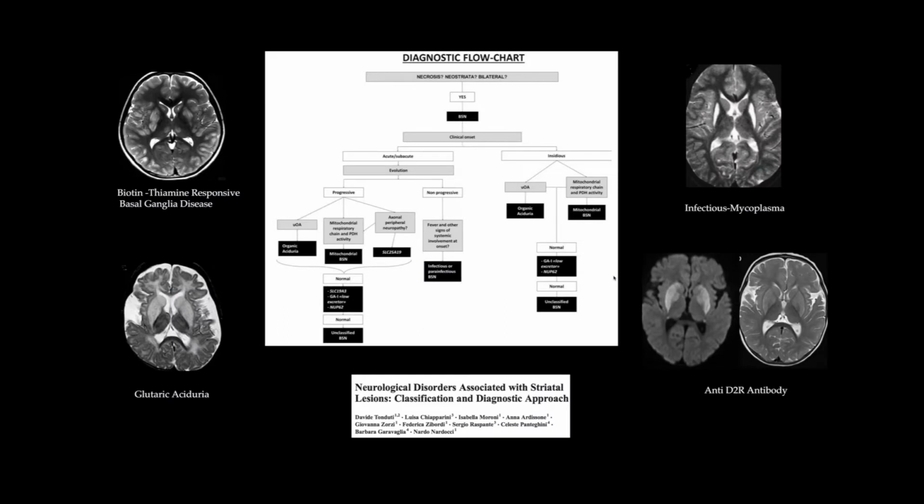I think the question was, clinically, is it an anti-D2R antibody or a biotin-thiamine responsive disorder. Now we had clinical differentials where, because of hyperacute onset, we thought of viral encephalitis as a primary differential, especially something like JE or dengue associated encephalitis. But there is no restricted diffusion. This is a hyperacute scan.